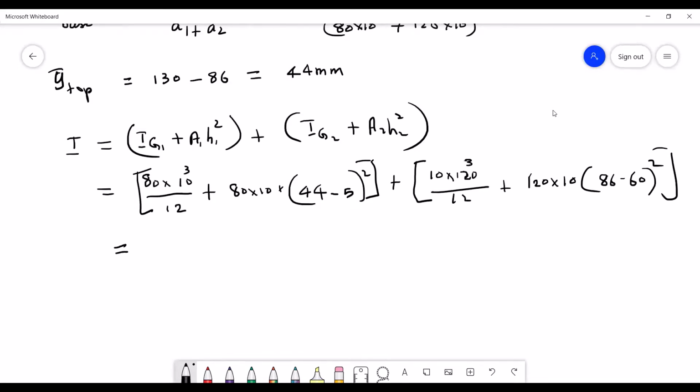So we are getting this as 347.4666 into 10 raised to 4 millimeter raised to 4.